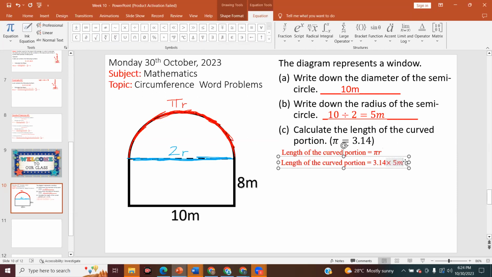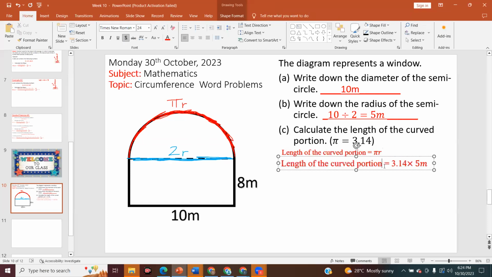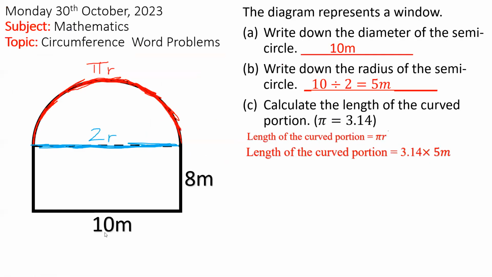So the answer is going to be 3.14 multiplied by 5. Let's do the multiplication. 3.14 times 5. You get 15.7. 5 times 4 is 20, right?